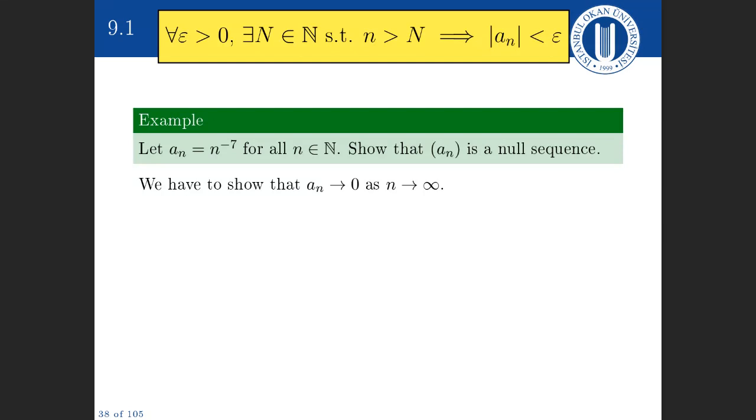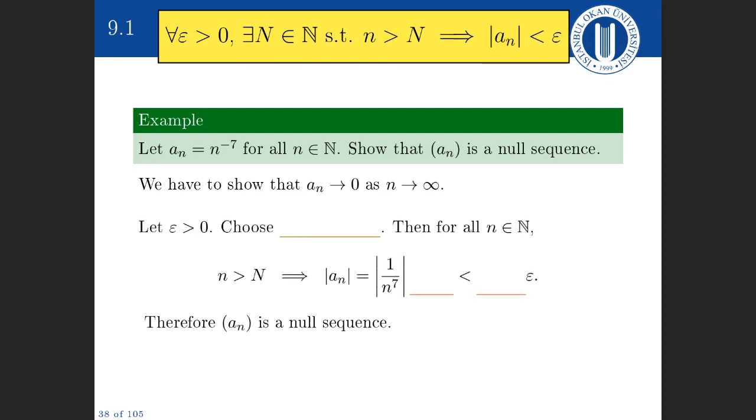Now, I've written the definition at the top in the yellow box. I want to use the definition to prove that the sequence n to the power minus 7 is a null sequence. What we need to do is prove that an tends to 0 as n tends to infinity. So our answer is going to look like this. The first sentence is going to be about epsilon.